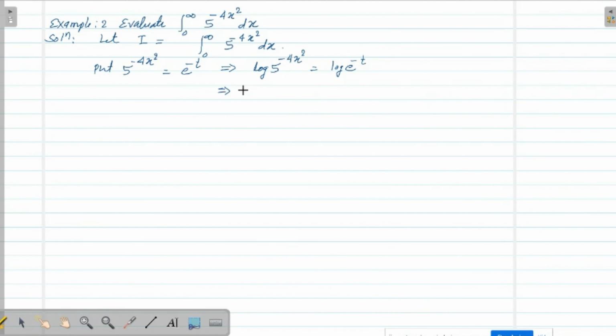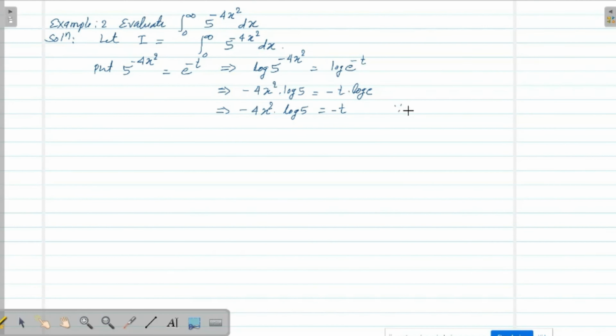You will get minus 4 x square into log 5 equals minus t into log e. But log e is 1. So minus 4 x square into log 5 is equal to negative t.